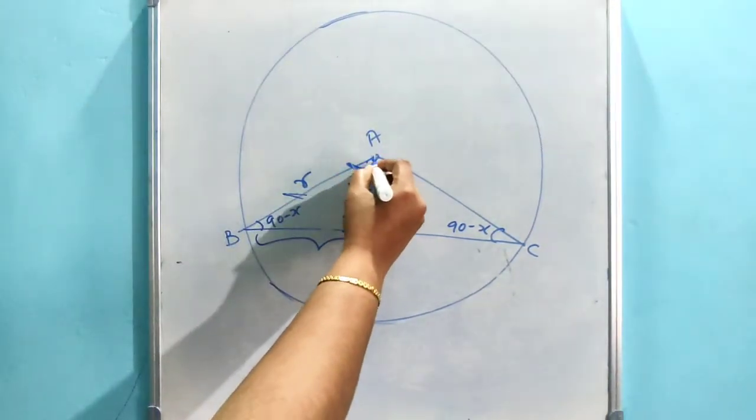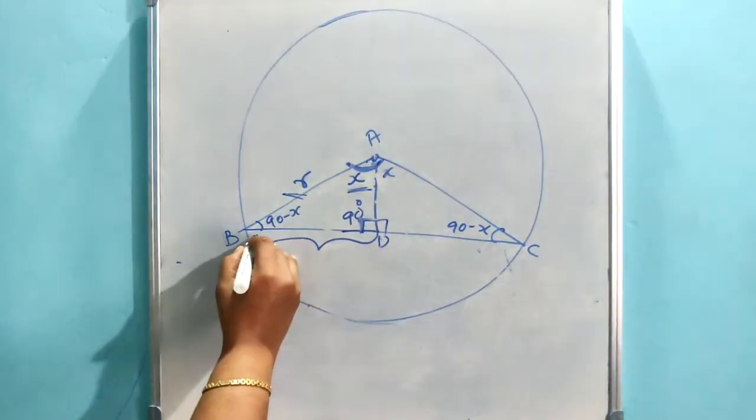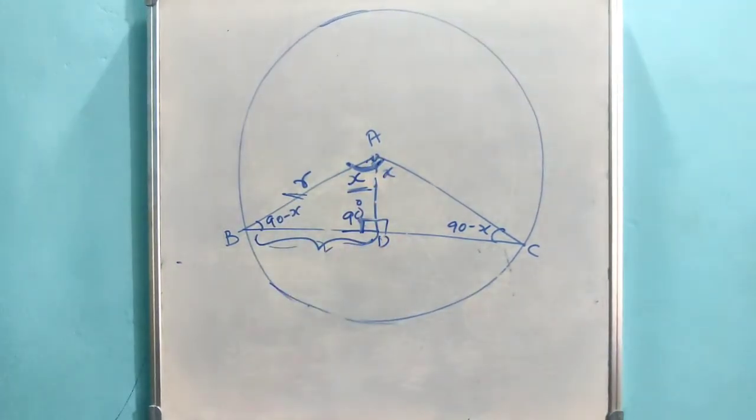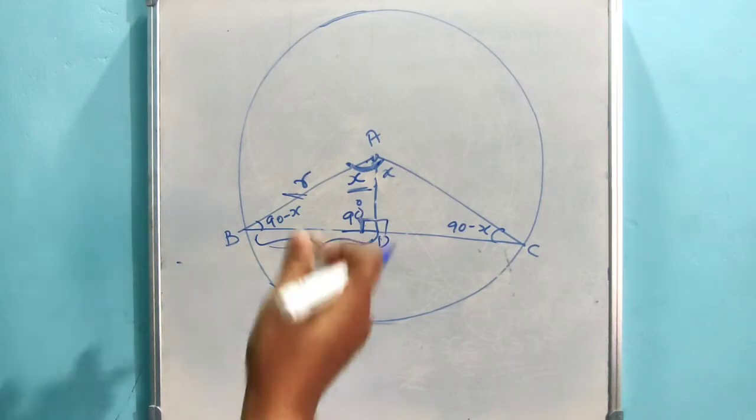Then with respect to this angle x, how do we find this length BD? That length BD can be determined using the sine ratio, right? What is sine x?